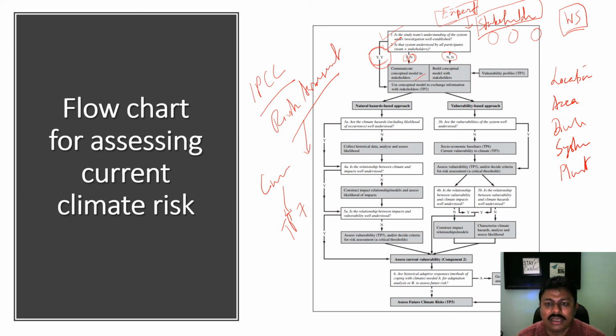Now, by model I mean the natural hazard based approach and vulnerability based approach that I already discussed. Risk by the natural hazard based approach is the probability multiplied by the magnitude of the extreme event, that is, the magnitude of the event and the probability that it will happen, right?